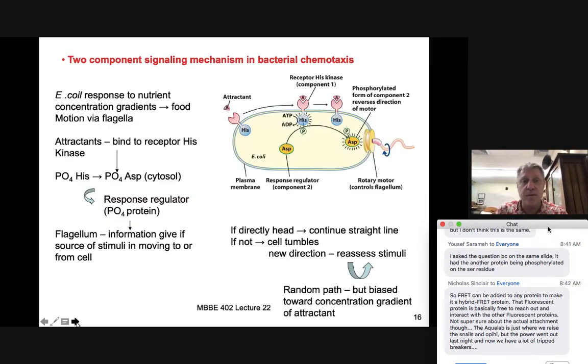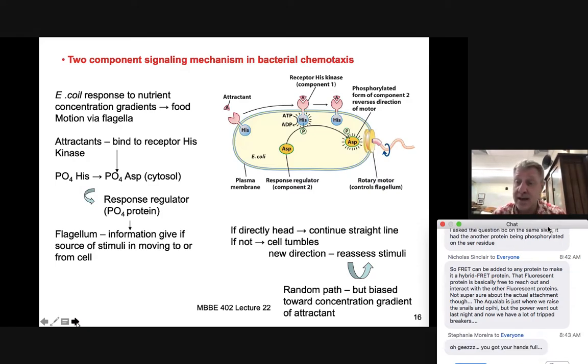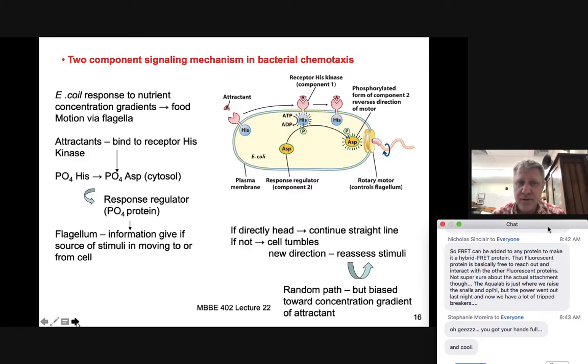So here we have an illustration now of a compartmentalizational system where two components are required to get a particular stimulation. And this is usually a phosphorylational event. First off, we'll see E. coli with these little flagellal motors that keep the E. coli moving around.